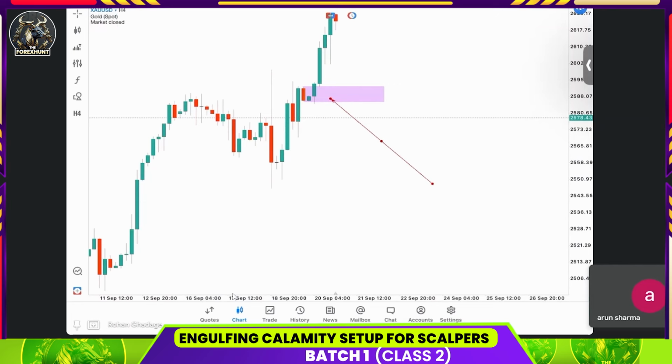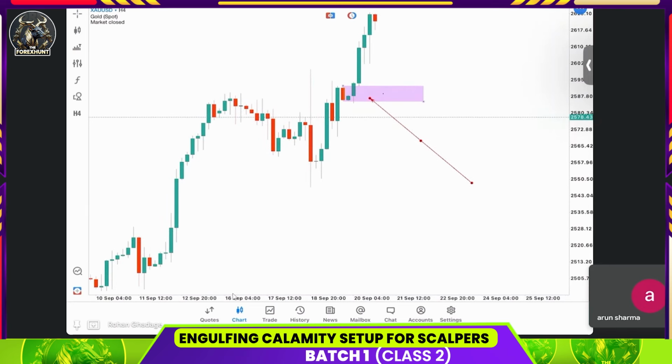This is our simple engulfing buy. So simple engulfing buy shows the buy trades. If it is a sell fail, it also shows buy trades, and vice versa. If you have a buy fail, this is our buy that got failed. Buy fail, you can look for sell trades. And simply if it is a sell, you have to look for sell trades.